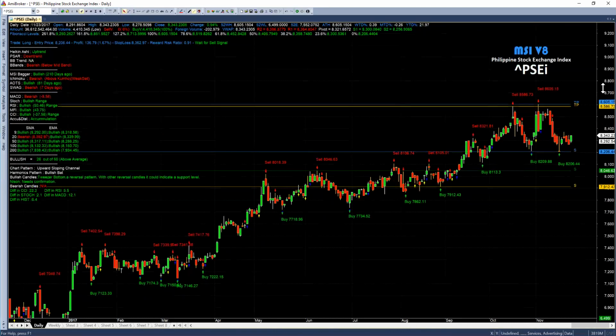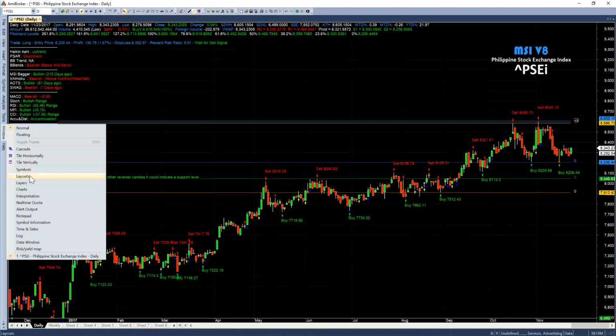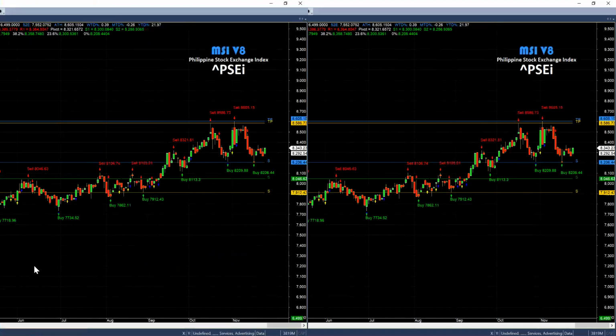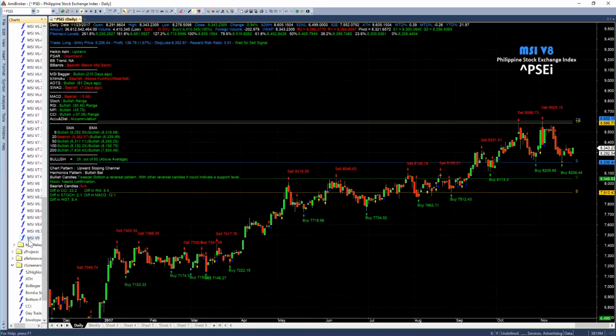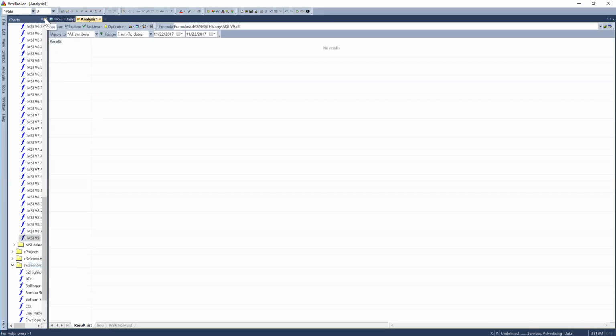chart ng MSI. Aside from the chart, meron din tayong exploration ng MSI. Yung exploration is ginagamit siya para mas madali kayong makapili ng mga stocks nyo depending on the indicators na sinusunod ninyo.